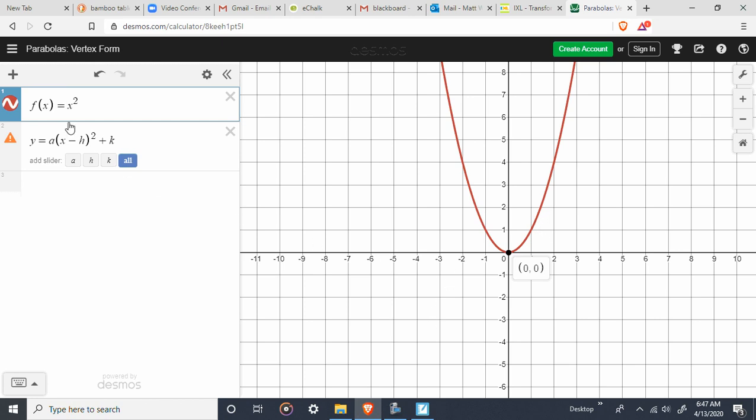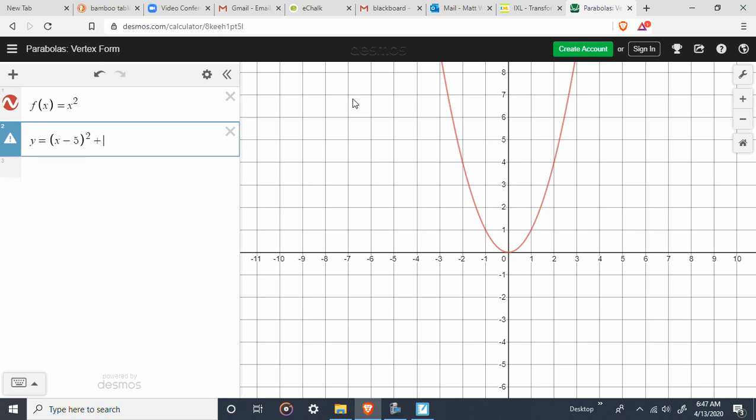All right, so let's take a look at what happens if we change these things. For right now, we're going to keep a equal to 1. We're not going to mess with it at all. What if I say x minus 5, plus 4? Well, let's see what happened.